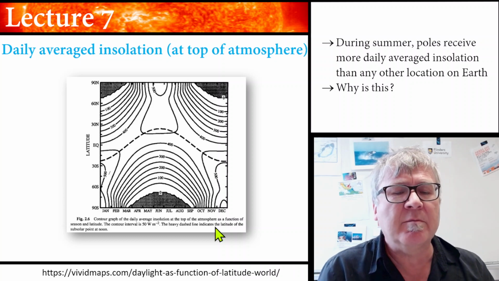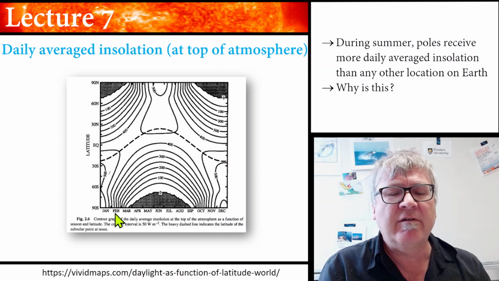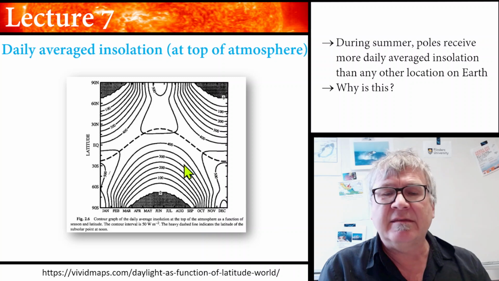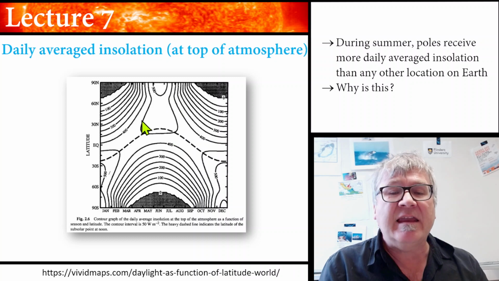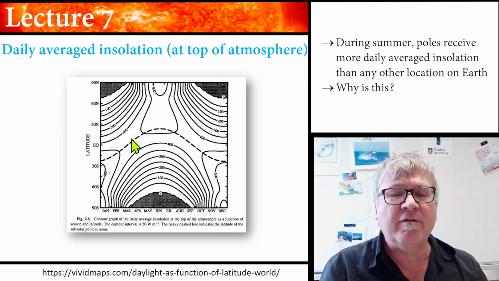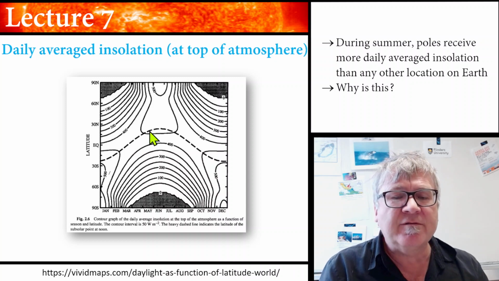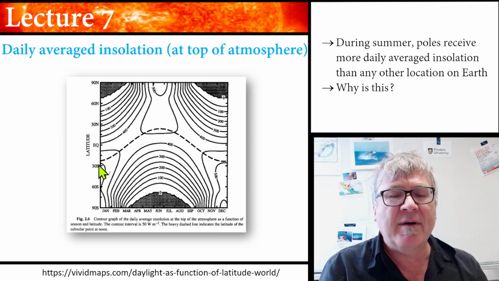So let's have a look at the numbers here. The x-axis are the months of the year: January, February, March, April, May. You can see that. And these lines are contours of the solar energy flux. And you see a dashed curve here, which shows you the maximum, which is above 400 watts per square meter.